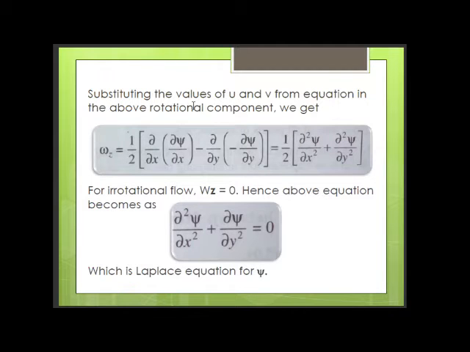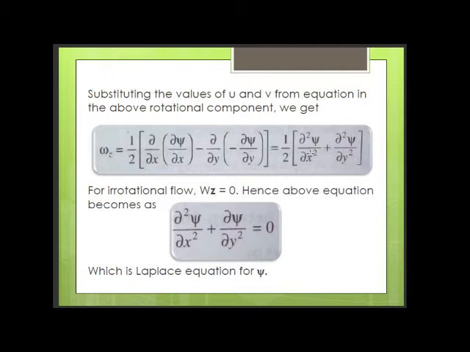If we put the values of u and v in that equation of the rotational component, then we will get wz = 1/2 [∂/∂x(∂ψ/∂x) − ∂/∂y(−∂ψ/∂y)]. After multiplying we get the final equation as 1/2 [−(∂²ψ/∂x² + ∂²ψ/∂y²)].